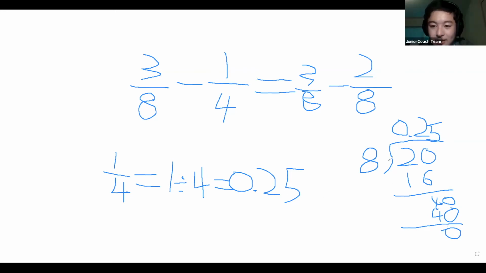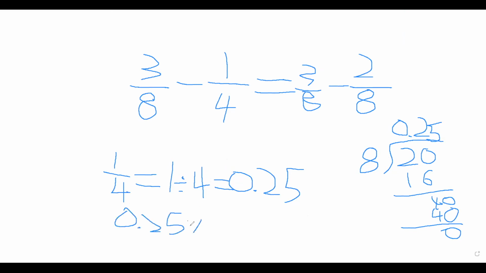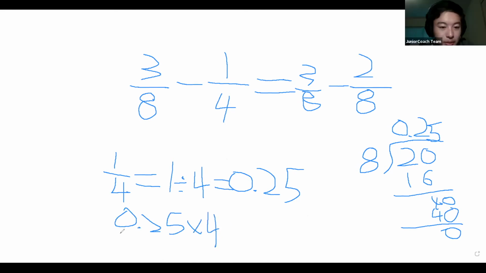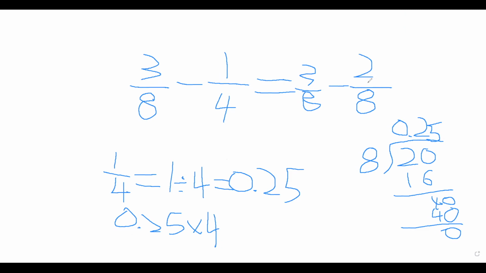Right. So 0.25 times 4, what would that be? It's 1.